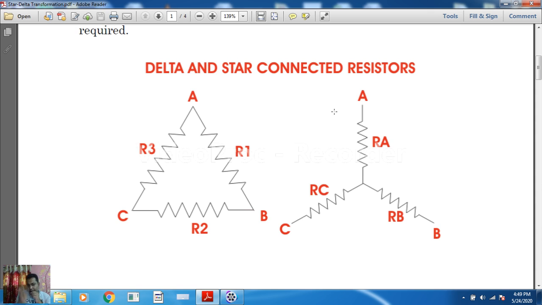As we can see on our screen, the two kinds of connections are present. On the left hand side there is a triangle shaped connection that is known as the delta connection, and on the right hand side there is another type of connection that is known as the star connection.